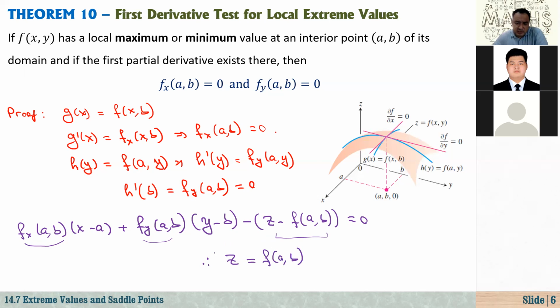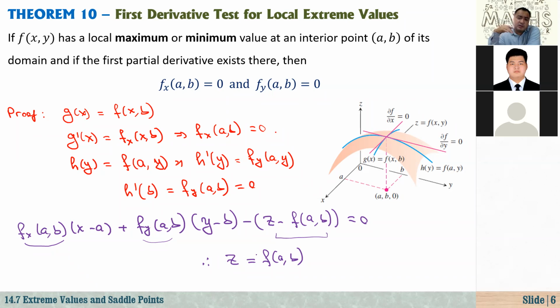What does it mean? The equation of the tangent plane, z equal to f(a, b), means that it is just a constant. It's like y equal to c, a constant function, a horizontal line parallel to the x-axis. But here, z is a constant number, whatever x and y are.